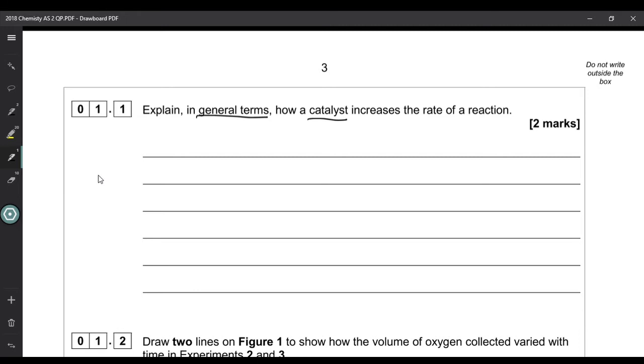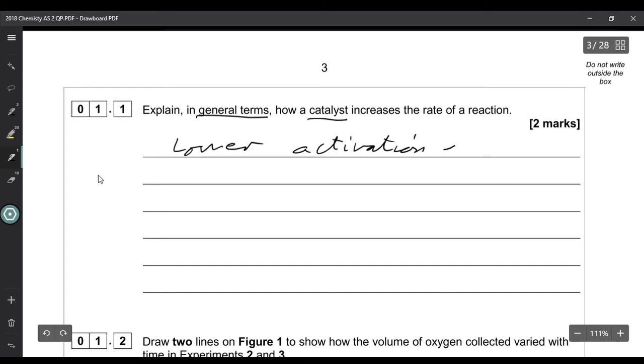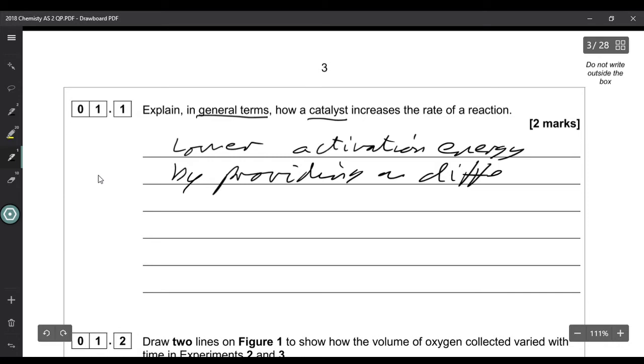So there's 2 important parts that you've got to get when you're asked a question about catalyst. First off, what catalysts do is they lower the activation energy. And a lot of students get this, but also whenever you've got a question about how a catalyst works, you've also got to include that they lower the activation energy by providing a different or alternative pathway.